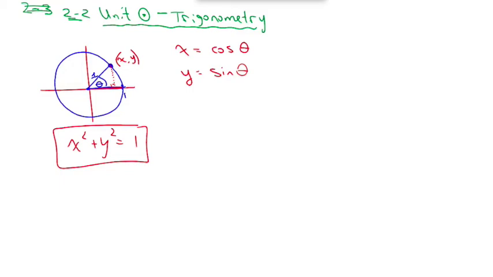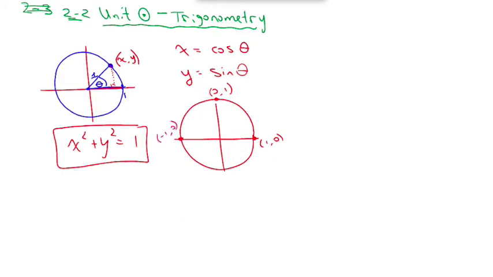For instance, if you are on a unit circle and this coordinate is 1, 0, what's this coordinate up here? 0, 1. This coordinate over here. Negative 1, 0. This coordinate down here. 0, negative 1.